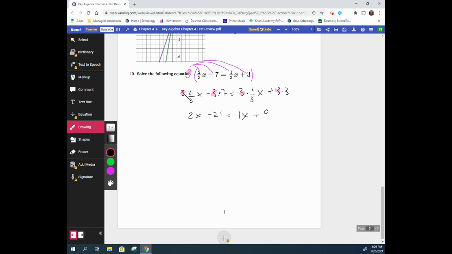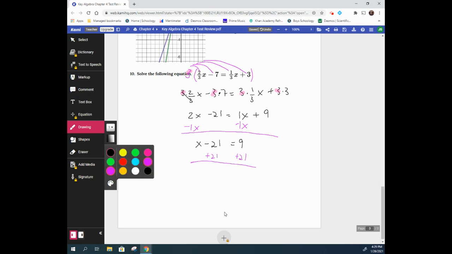All right, so what do I think? I would subtract this 1x. And then I would say I have 1x, or just x, minus 21 equals 9. And then I would add 21 and have x equals 30. All right, so make sure that you come to support if you have other questions about this review.